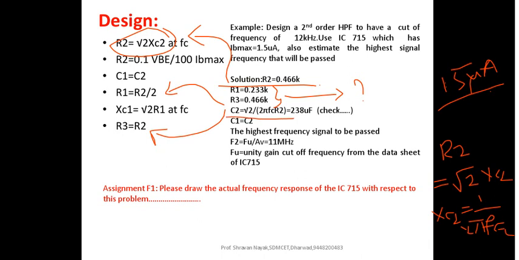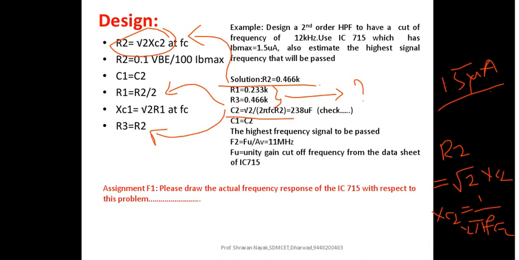Yes, it is correct, root 2 divided by 2 pi FC into R2, because XC and C2 are reciprocal to each other. So the root 2 goes to the numerator there, right? So you will get C2 approximately 400 nanofarad, because FC is given to be 12 kilohertz and R2 is estimated to be 46.6 kilo ohm, right?